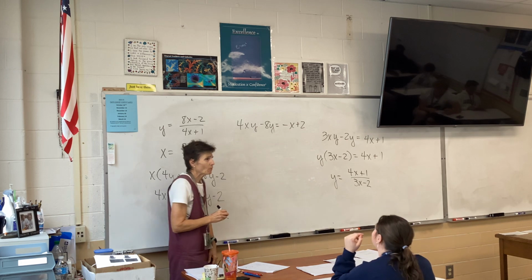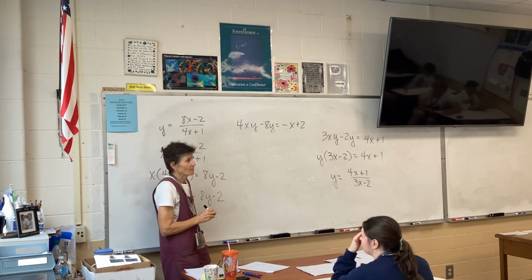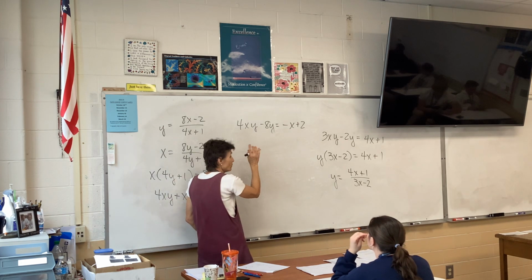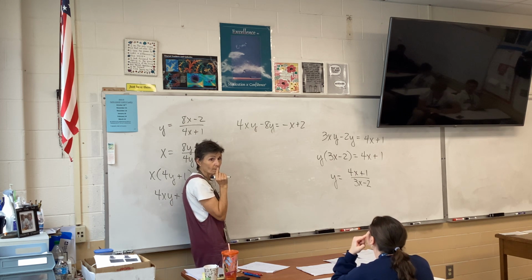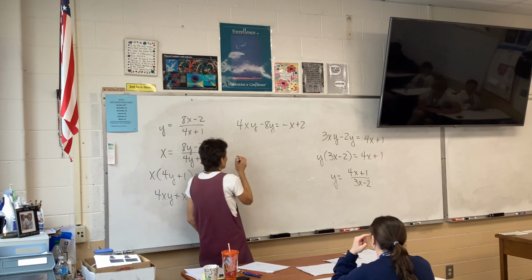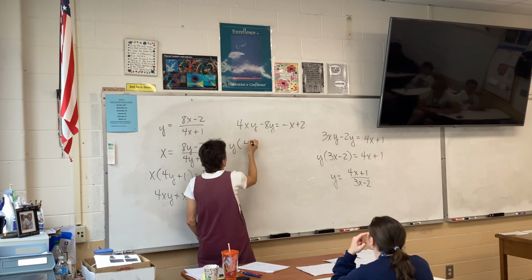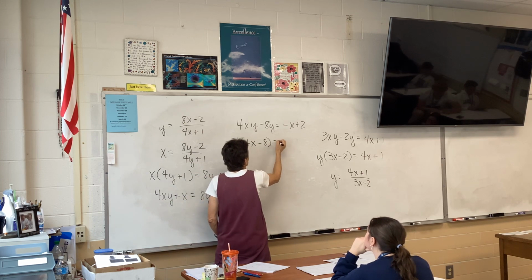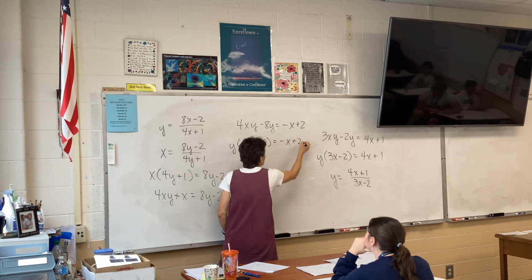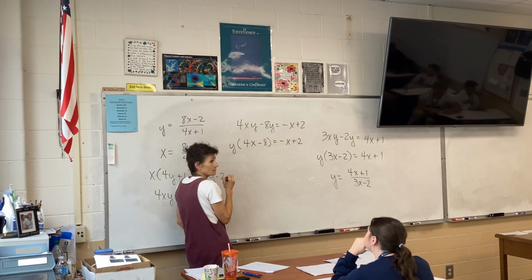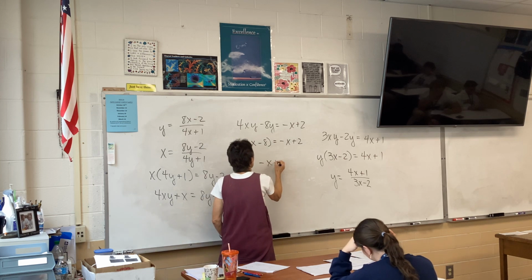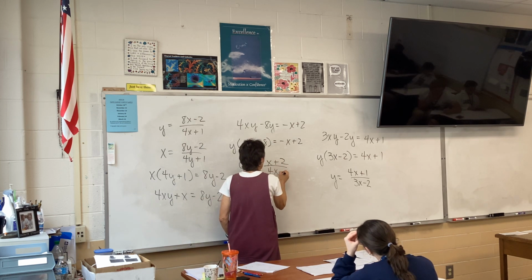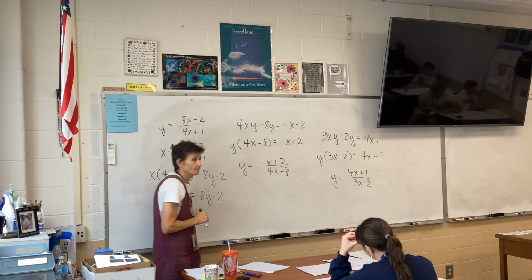All right, now what happens? Factor out a y. Notice, this is a problem where you could factor out more than a y, but don't. Just take out the y. And then do that.